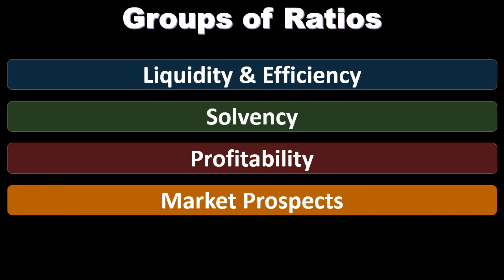We generally use the market prospects ratios for those kind of companies that are publicly traded because the publicly traded companies are typically traded on a public exchange, and then we have some more data with which to work. We can consider what the market is considering of these stocks. In other words, this is going to include information that's not simply on the financial statement, which is generated internally, but is also going to include information that's generated by external users through the market.